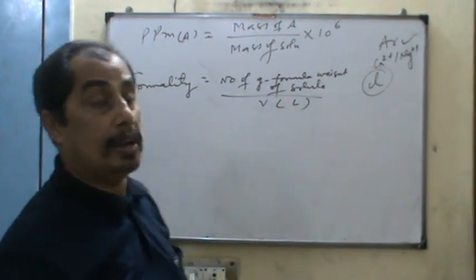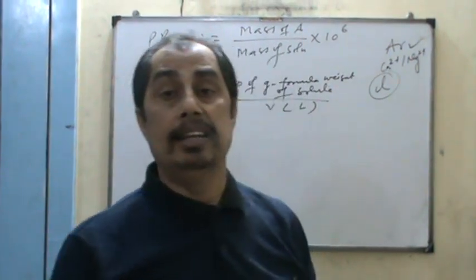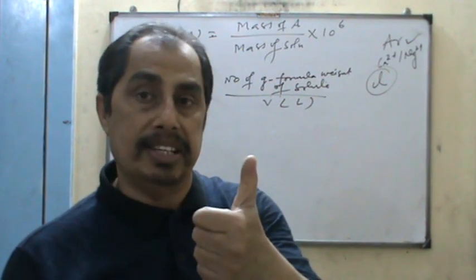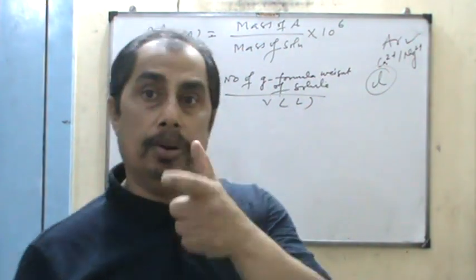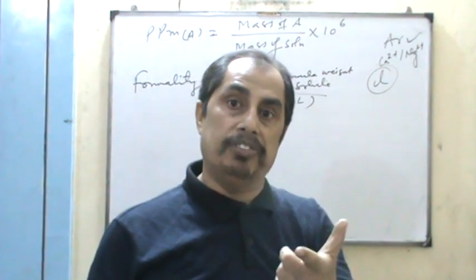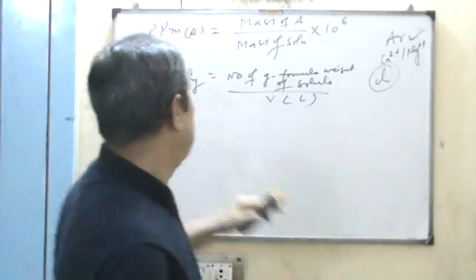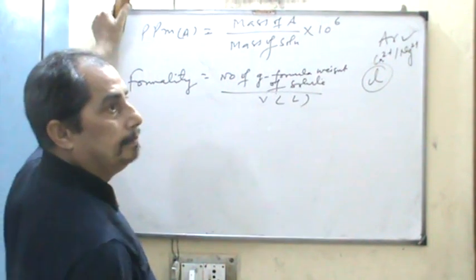If you are given a numerical, 234 gram of NaCl is dissolved in 4 liter of water, what is the formality? So 234 divided by 58.5, the molar mass of NaCl, into 1 by 4. Then you can get the formality.